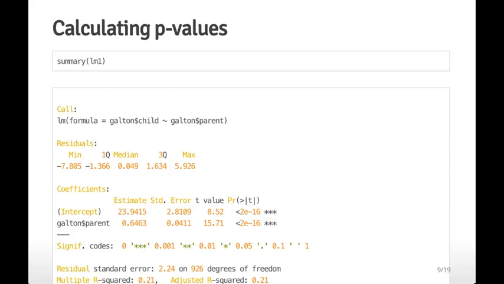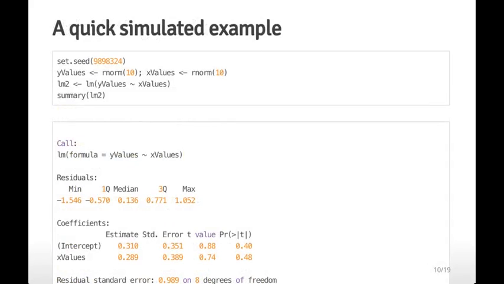small values. So just to show you exactly what the p-value calculation is, I'm going to show you a really simple simulated example. It's kind of hard to see with that t-distribution with 926 degrees of freedom. So suppose I generate some y values from a normal distribution and then some x values also from a normal distribution. You can see that the way I've generated these two sets of values is totally independent, so there shouldn't be a relationship between them.